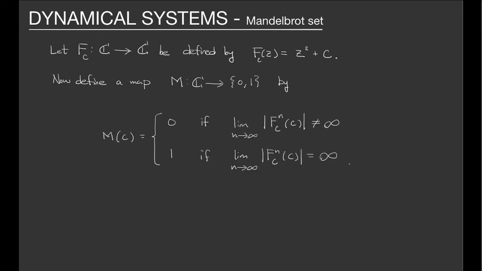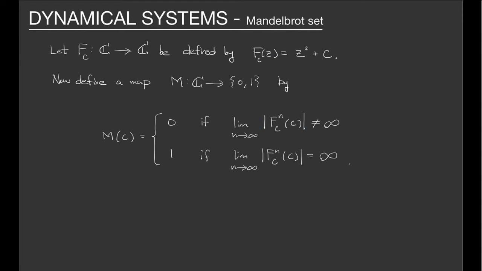Your complex number c is either mapped to 0 or 1. It's mapped to 0 if the limit, as you iterate your function, and notice we're going to take the absolute value here, and that absolute value is equal to the modulus. Remember, we're looking at complex numbers, so think back to what we talked about in complex analysis. We're taking the modulus, which is itself a non-negative real number.